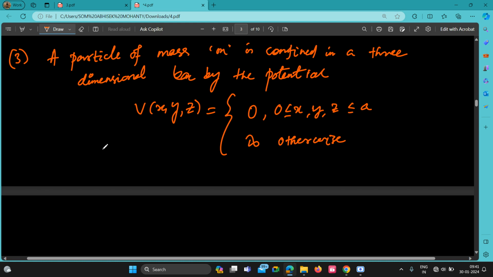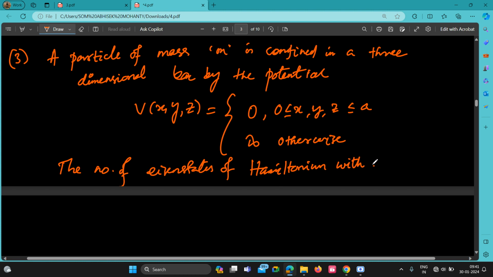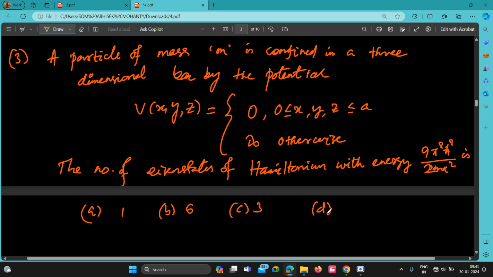The number of eigenstates of the Hamiltonian with energy 9 pi square h cut square by 2 m a square is: 1, 6, 3, 4.